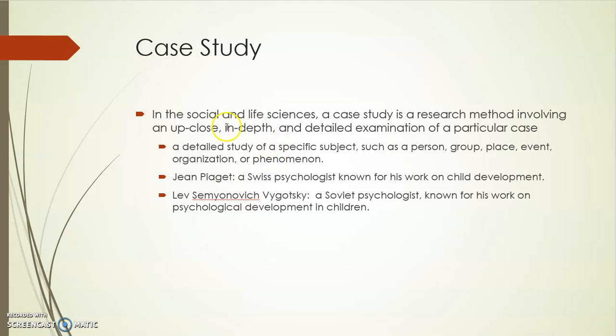Now, a case study in the social and life sciences is a research method involving an up-close, in-depth, and detailed examination of a particular case. It is a detailed study of a specific subject, such as a person, a group, a place, an event, an organization, or a phenomenon.